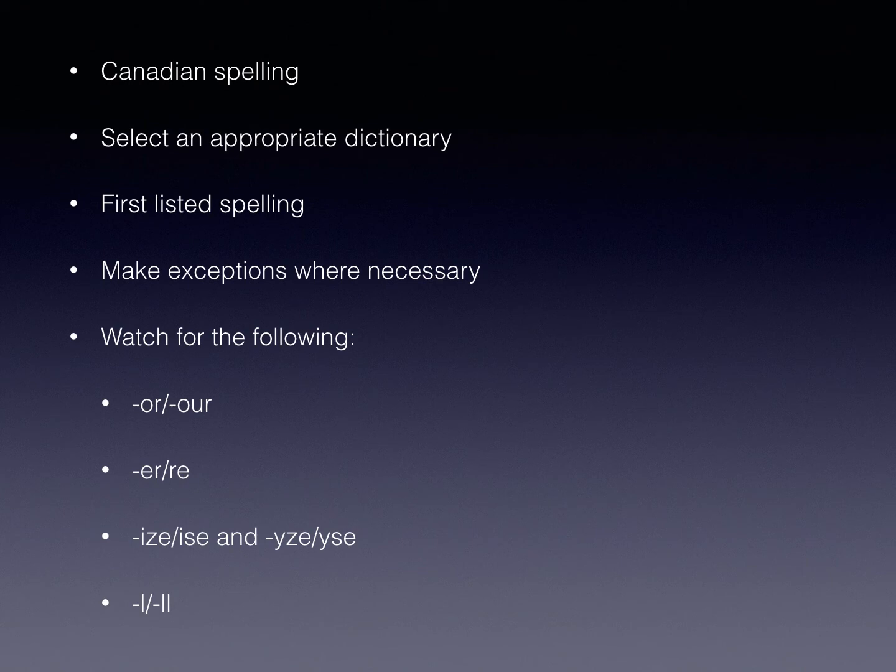In the case of the Canadian Oxford English Dictionary, the first spelling tends to be the more, quote, Canadian or the more common spelling. Now again, you might for some reason choose the second or even the third spelling instead, but make sure that you have a good reason for those exceptions and then make sure that you're being consistent.